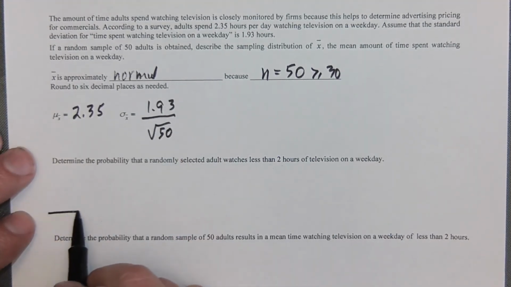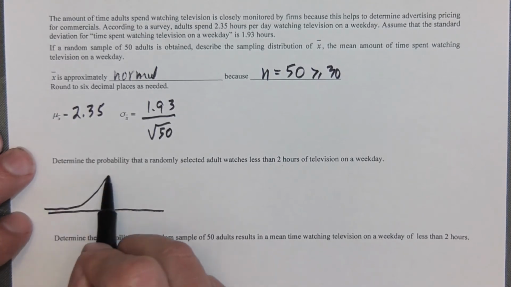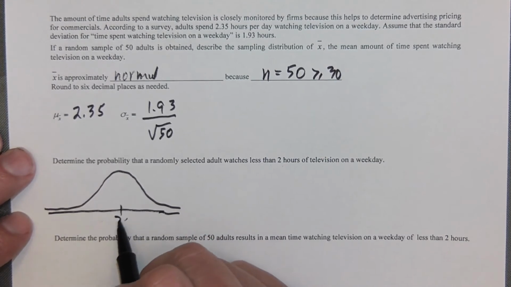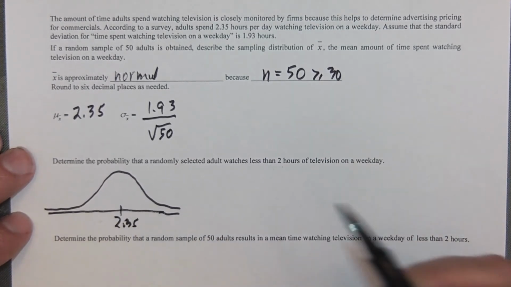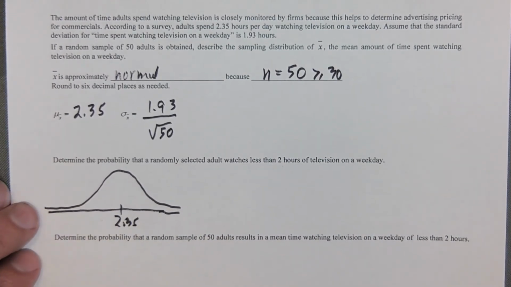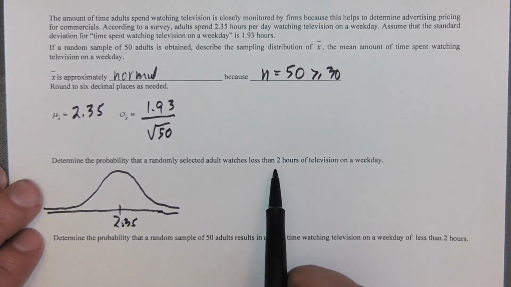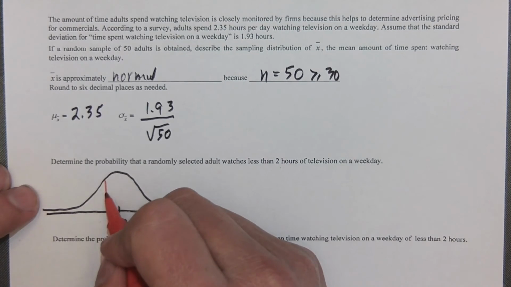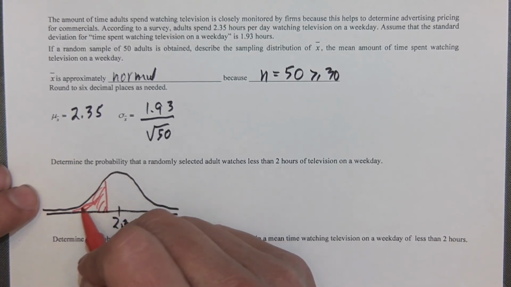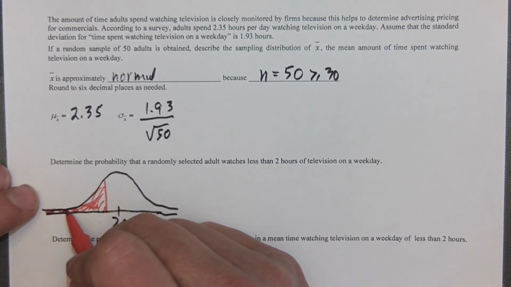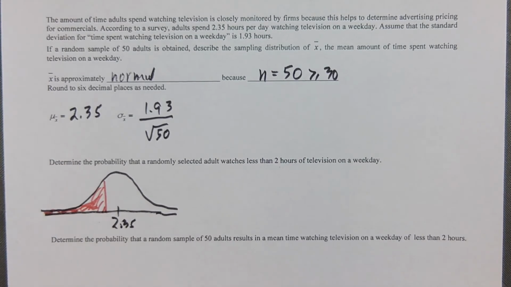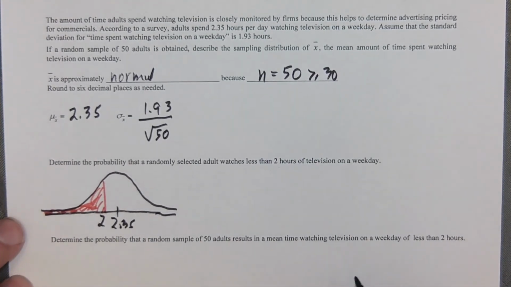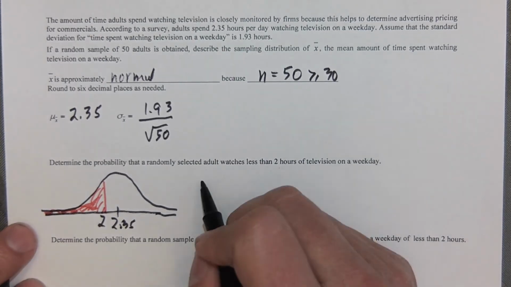So once again, just real quick, this is 2.35. And they want to know less than 2 hours in a day. That is going to be about here. This is 2 and down. Well, here you can see, again, this is going to be normal.